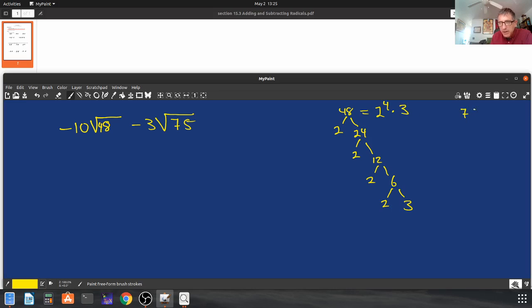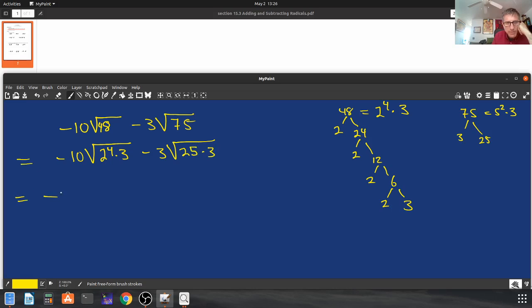And 75 is equal to 5 squared times 3. Okay, so this is equal to minus 10 times the square root of 2 to the 4th power times 3. This is minus 3 times the square root of 25 times 3.